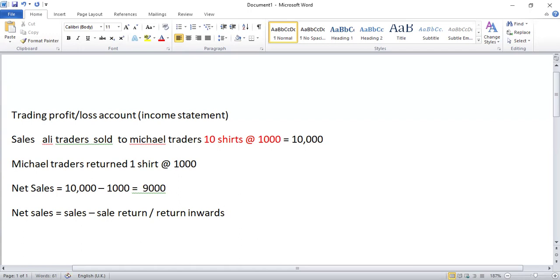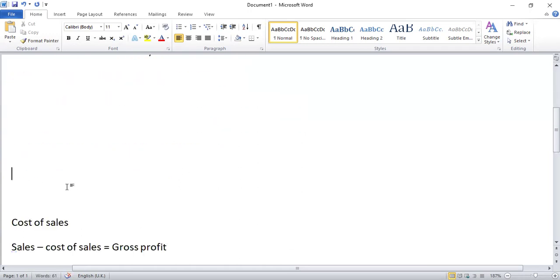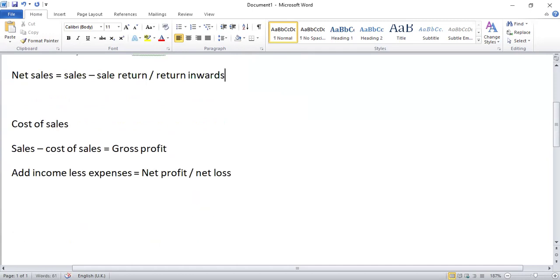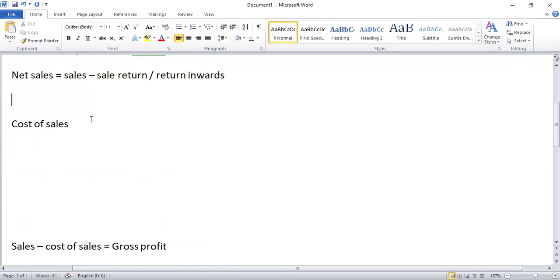Now we compare this net sales with the cost of sales. For us to get the cost of sales, we normally take the opening stock, then we add our purchases.